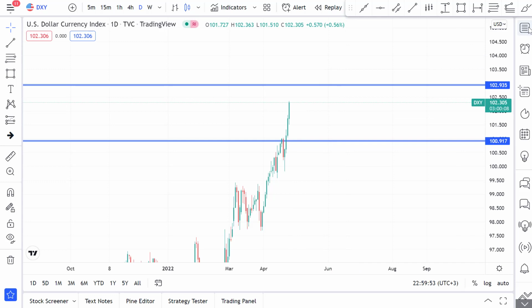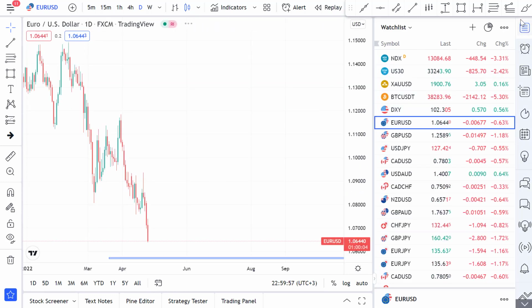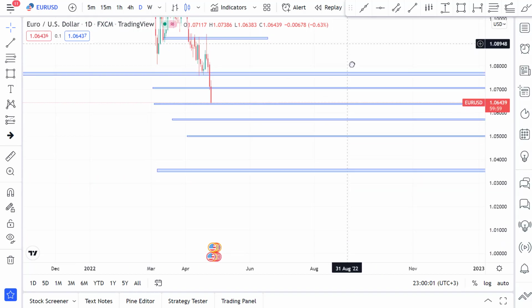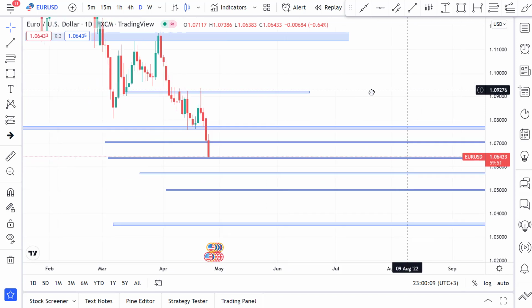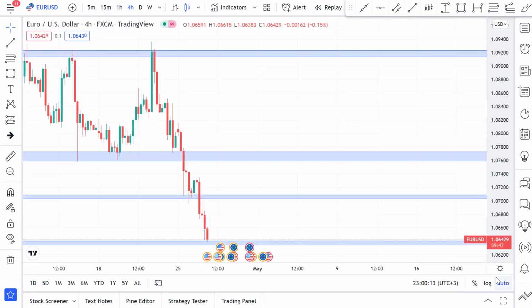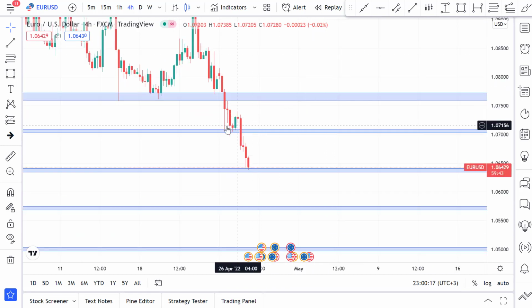All right, let's go to the next market. I told you about euro dollar yesterday, and I have determined these lines and drawn these lines for you. I told you that we might see the rest of the trend, which would be bearish, and at the same time you can see the lines I have drawn acted as support and resistance.